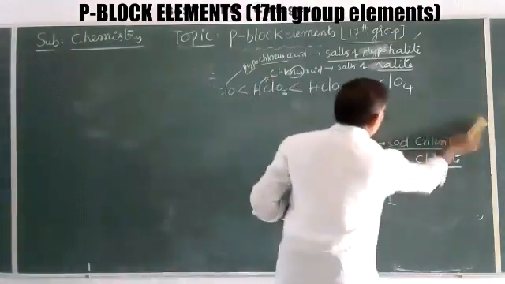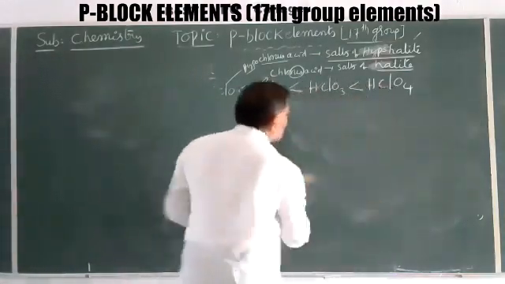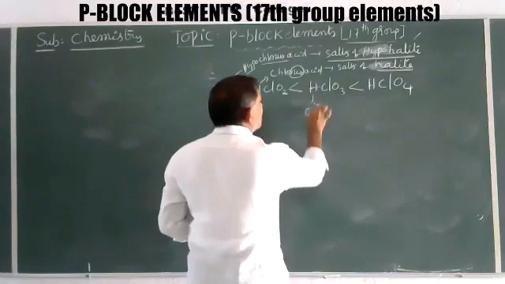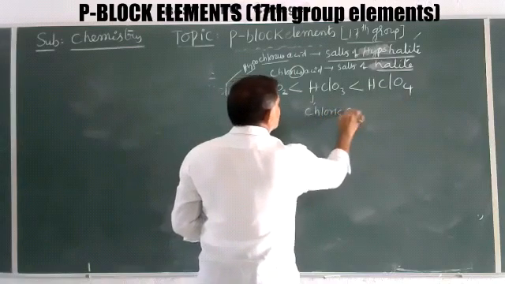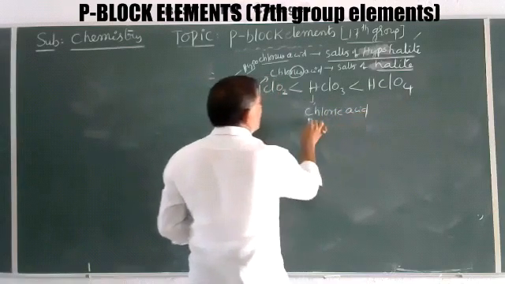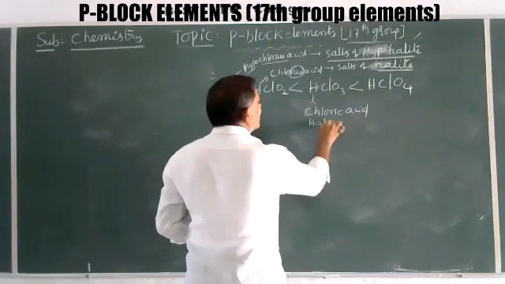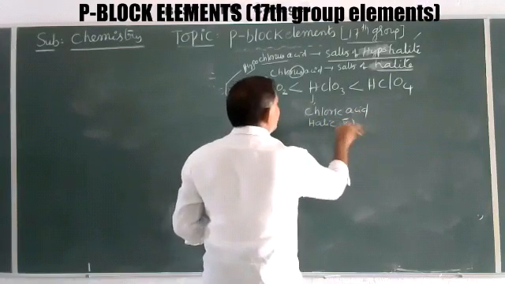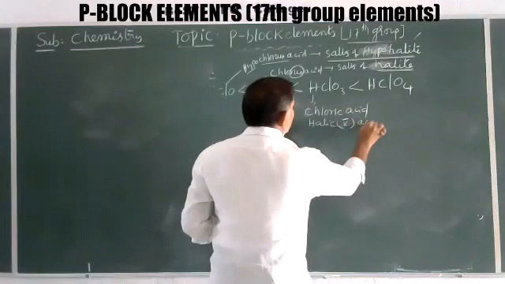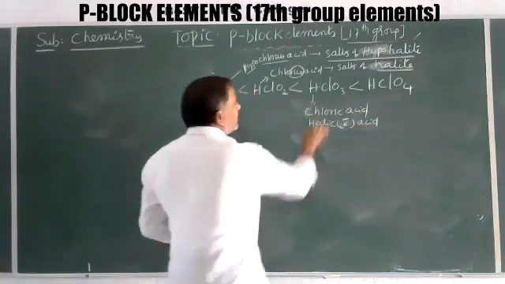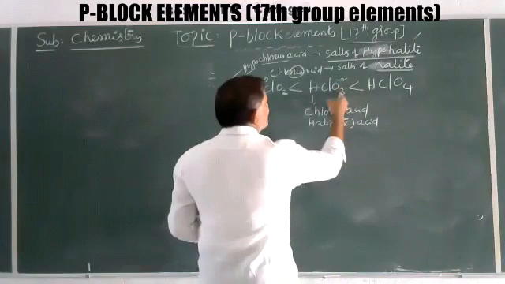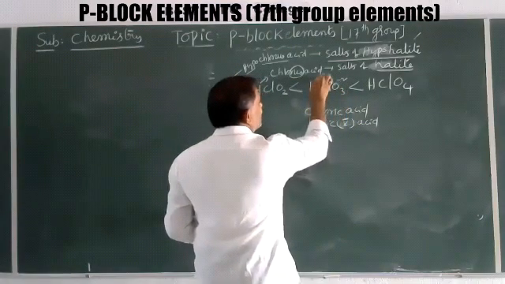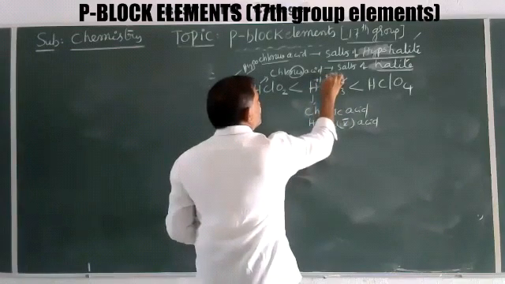the third one. It is chloric acid, under the name of halic acid. We can take 5 as indicating the oxidation state of halic acid. Here oxygen is -2 into 3, minus 6, hydrogen is +1, so chlorine is +5.